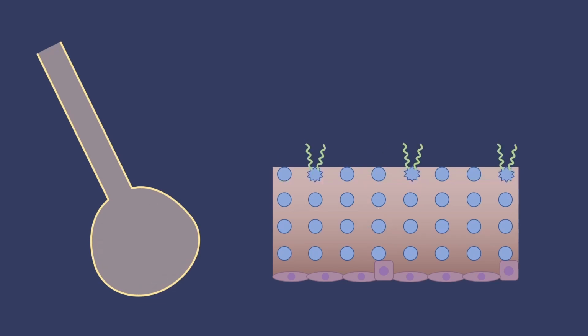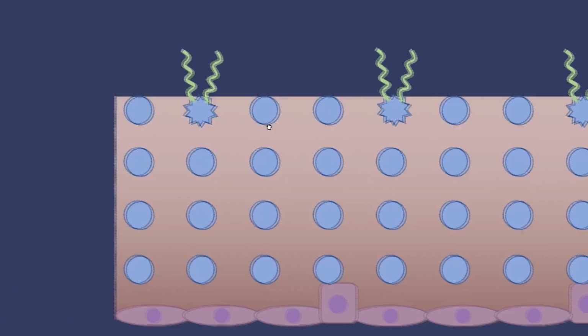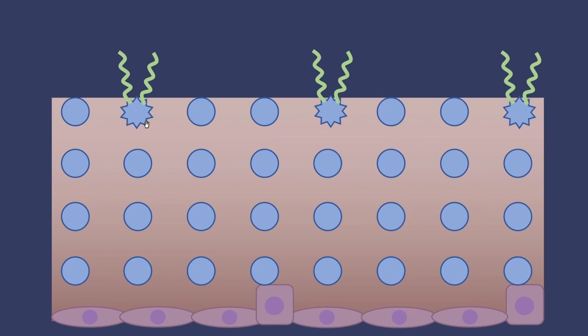Now what this surfactant will do is that surfactant has two parts. Here we can see these are the surfactant molecules. They have a hydrophilic part and a hydrophobic part. The hydrophilic part will embed into these water molecules, and these hydrophobic tails will remain out of water.